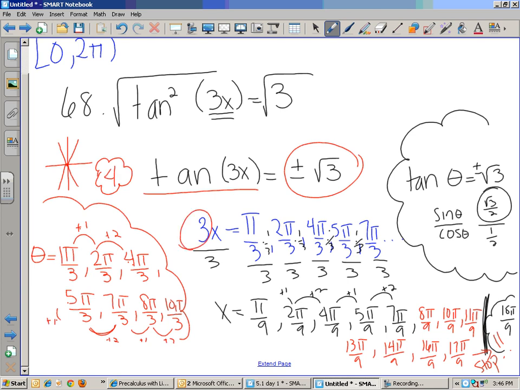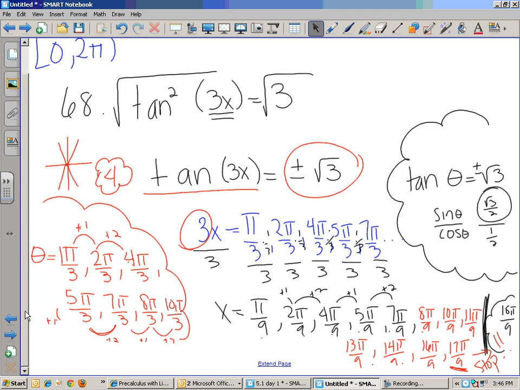I should have 3 times that. Let's check. 1, 2, 3, 4, 5, 6, 7, 8, 9, 10, 11, 12. Oh, Miss Collins, you're so smart. I know. Not only that, it looks so much easier when I do it. Yes, because I'm doing it.